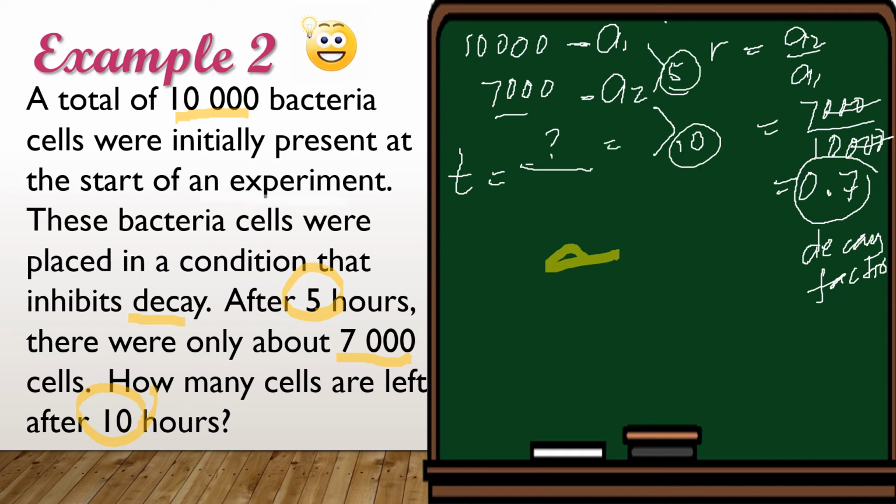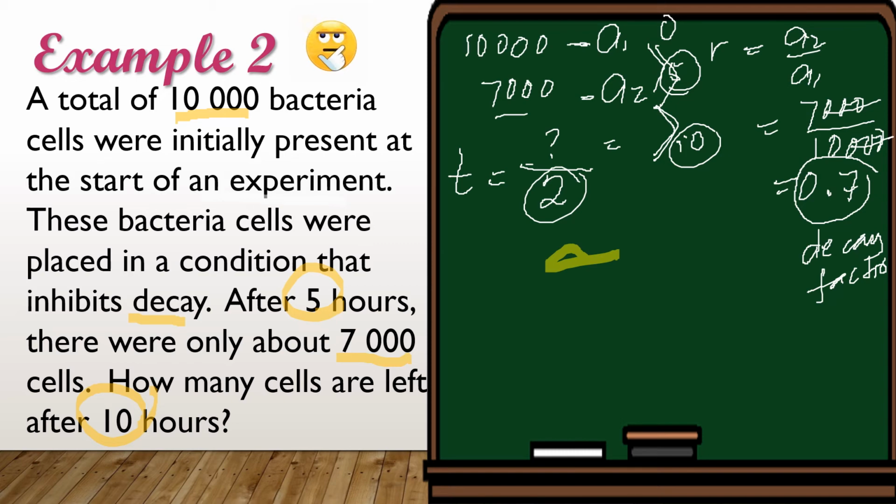So if you notice, from 0, then 5, 10 hours. A matter of 5-hour interval. And we have only 2 intervals here, which is our time. So 2. It's not 5, it's not 10 that we're going to put for time. Instead, it should be 2. It's a matter of interval. So from 0 hour, then after 5 hours, 7,000.